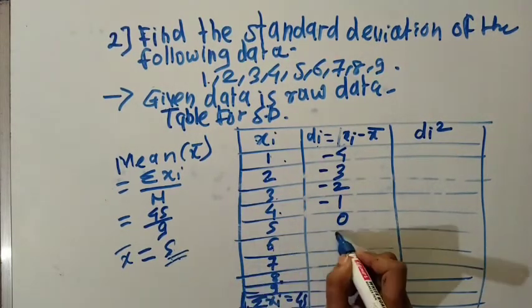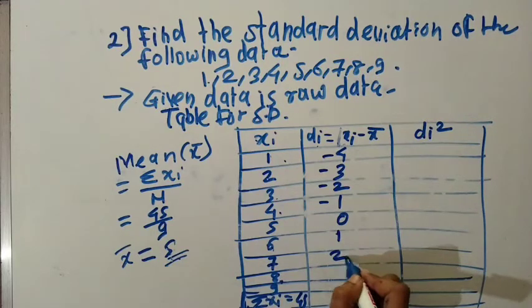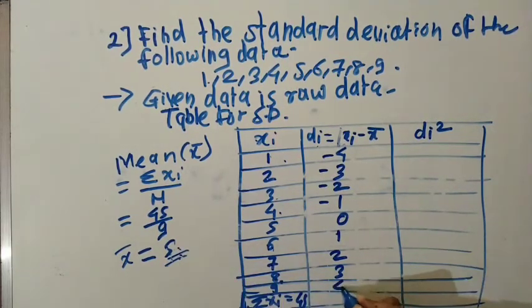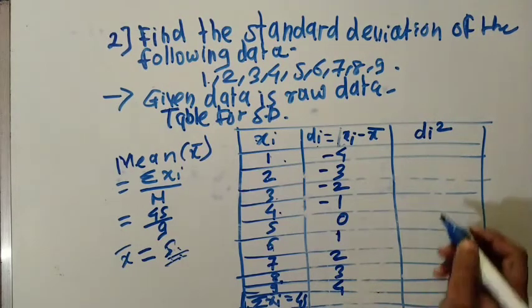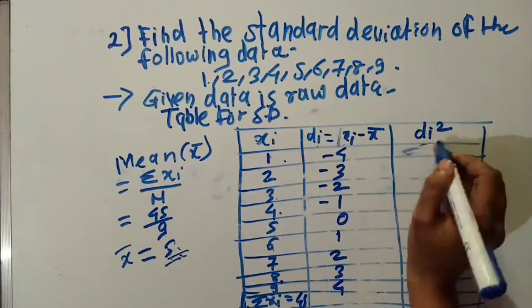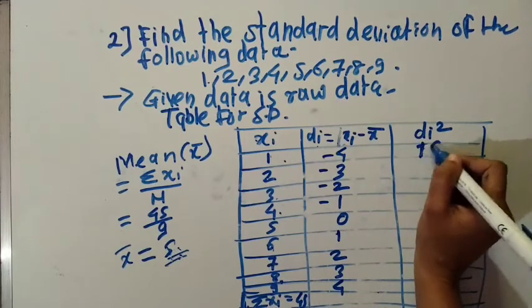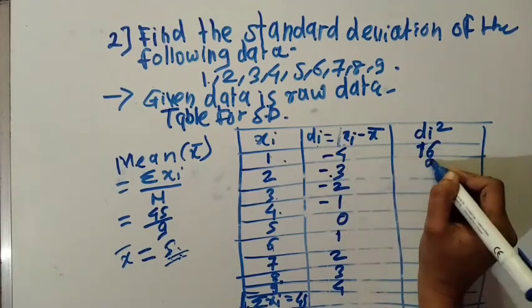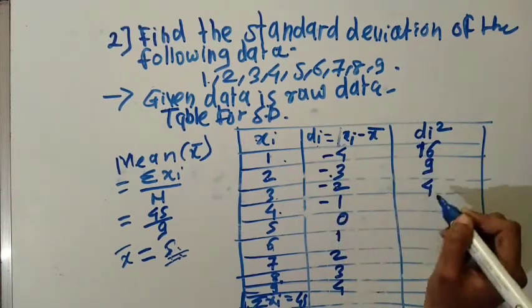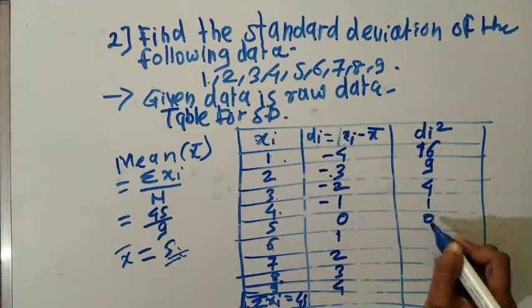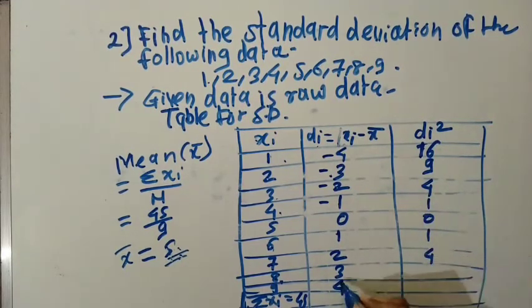Then 6 minus 5 is 1, 7 minus 5 is 2, 8 minus 5 is 3, 9 minus 5 is 4. Then find di square: 4 square is 16, 3 square is 9, 2 square is 4, 1 square is 1, 0, 1, 4, 9, 16.